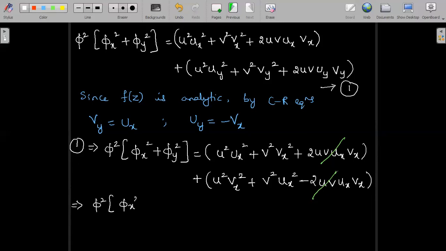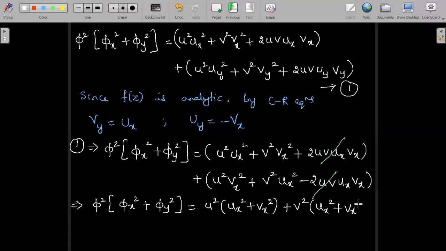phix square plus phiy square as it is. And right hand side I can take u square common and write down ux square plus vx square. And again v square common and write down ux square plus vx square. So that again ux square plus vx square is common.